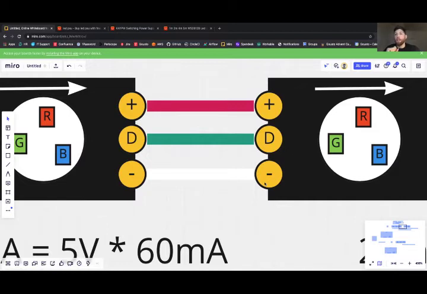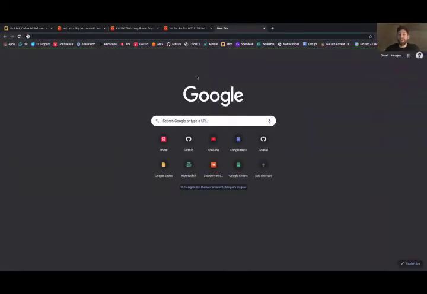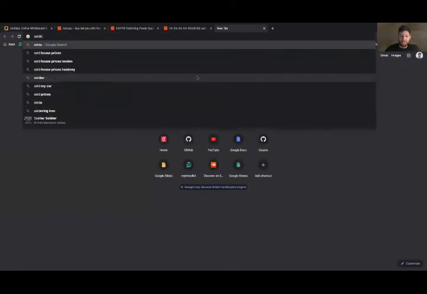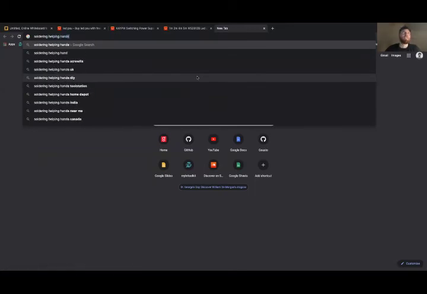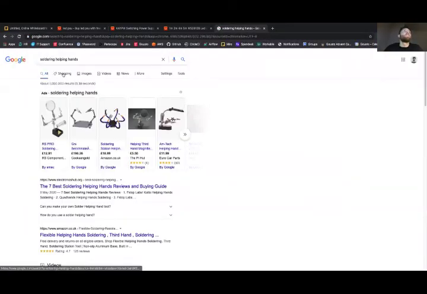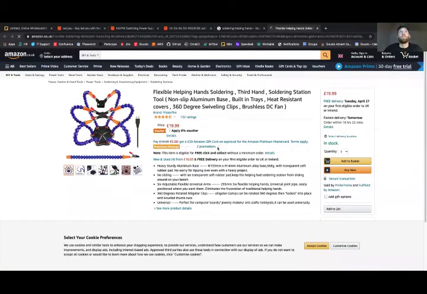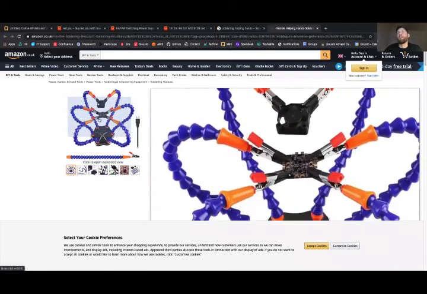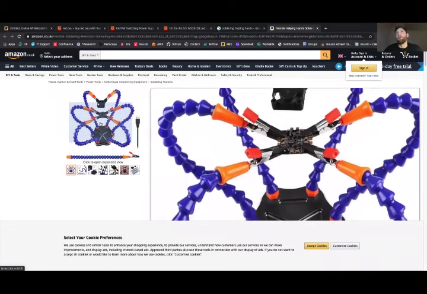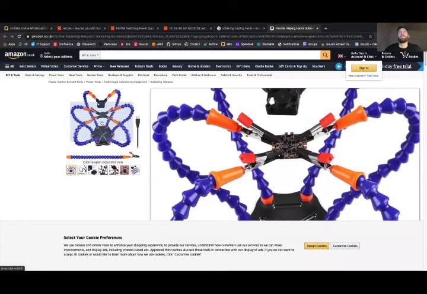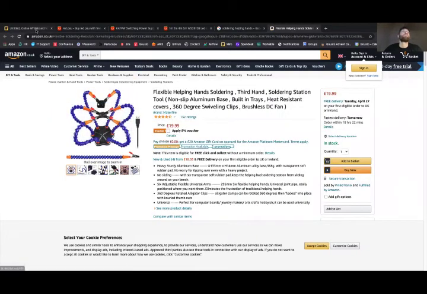If you can get your hands on a pair of helping hands, which is a soldering appliance, which looks like this, this one's really good. It's like a bunch of grippers that are positionable, and they'll hold your circuit board in place while you solder it. So a set of helping hands.